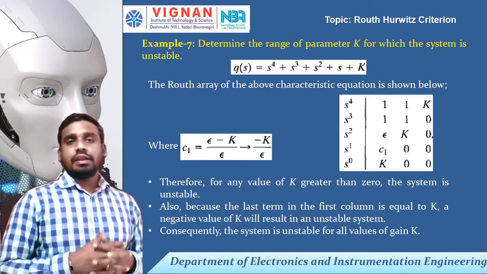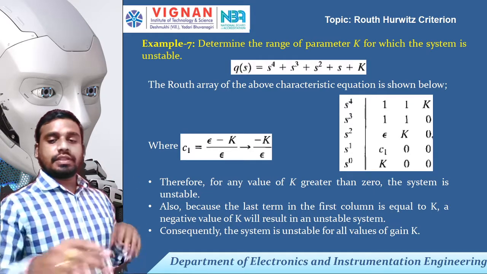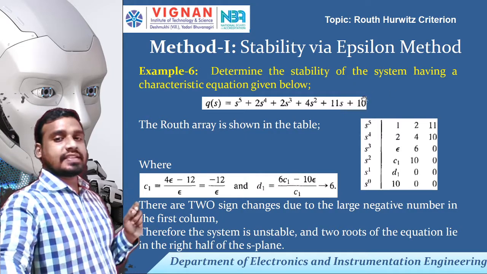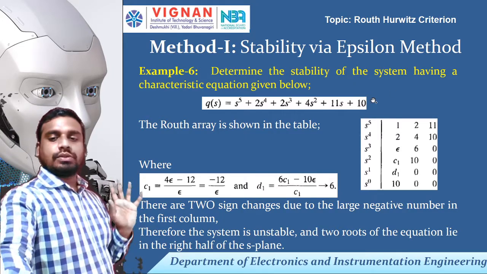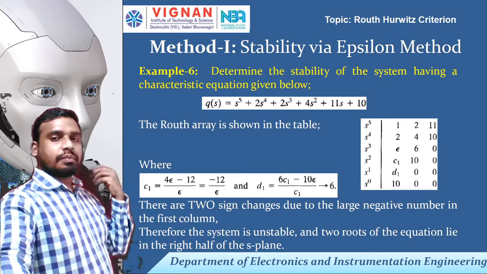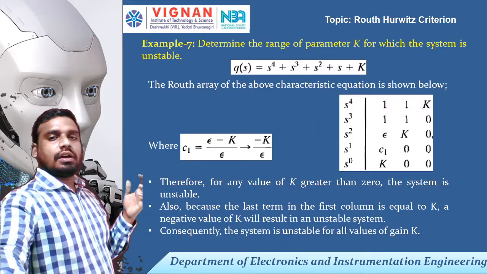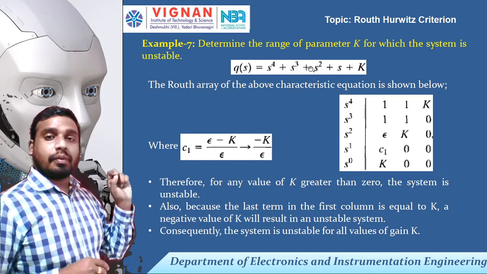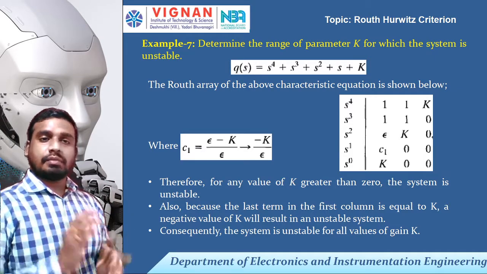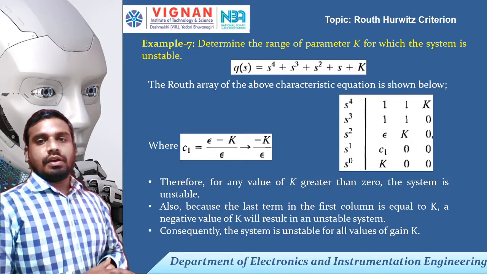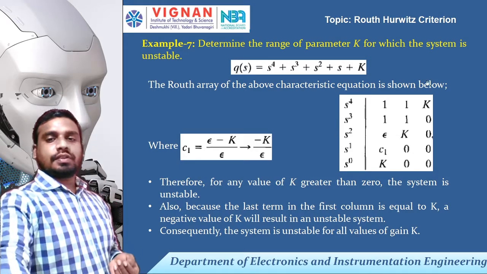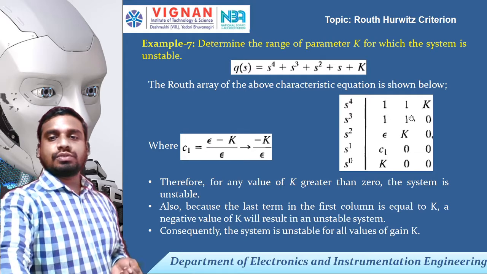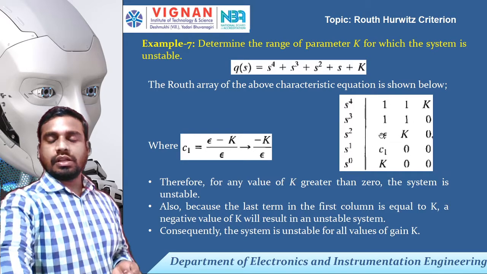One more point here: the old example was a simple characteristic equation with numerical values. What if they give some k value here? See this example. They asked to determine the range of parameter k such that the system will become unstable. Just substitute the first two rows. 1 into 1 minus 1 into 1 by 1, that is epsilon.